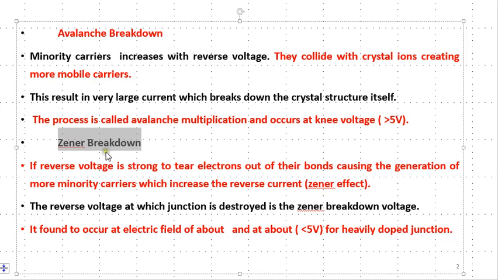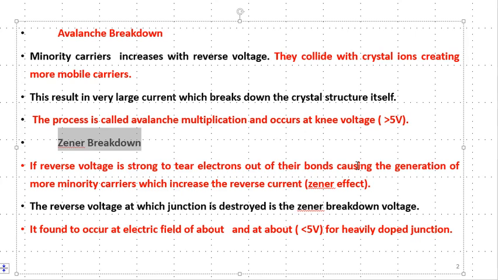Then we come to the other breakdown, which is the Zener breakdown, and this one also has to do with the reverse bias mode of a diode. Whenever you keep on increasing your reverse voltage and it becomes a bit stronger, we reach a point where the electrons are forcefully broken from their bonds. Whenever you break these electrons from the bonds, they create holes.